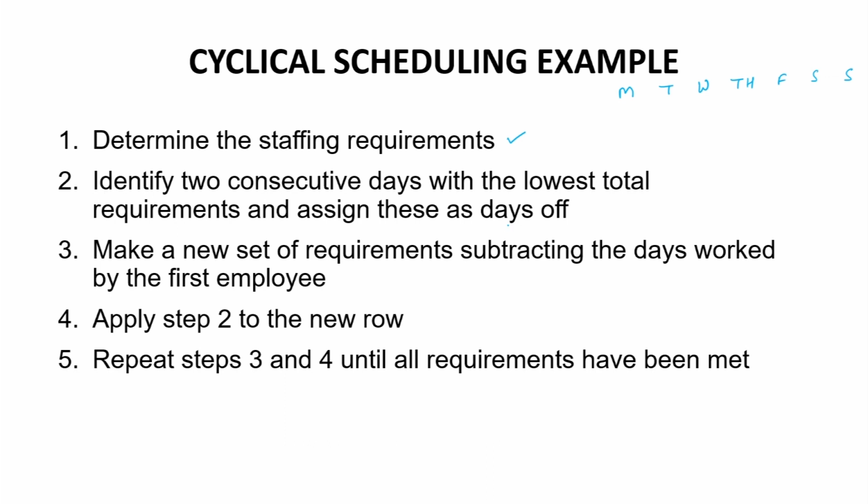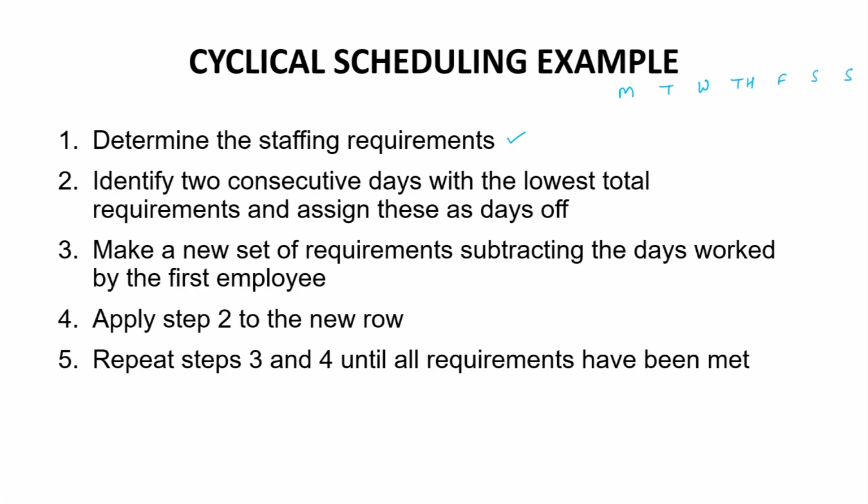I will give you the example of what it means. We will identify 2 consecutive days on which the requirement is minimum. Then we will make the new set of requirements after subtracting the days which we have already assigned, apply step 2 to the new row and repeat steps 3 and 4 until all requirements have been met.